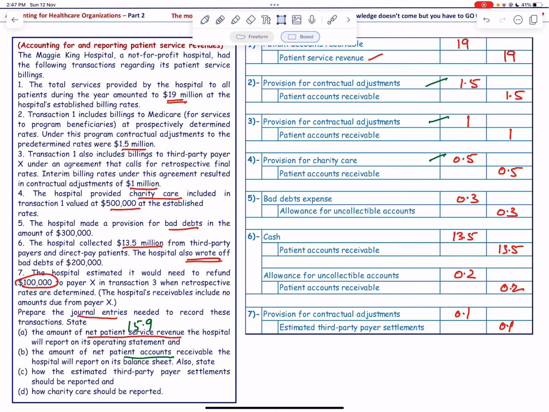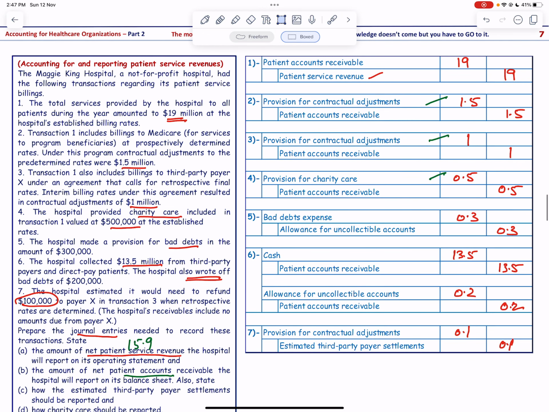Now, the net patient account receivable. Let us see first of all how much is the gross patient account receivable, and we can see that we have 19.